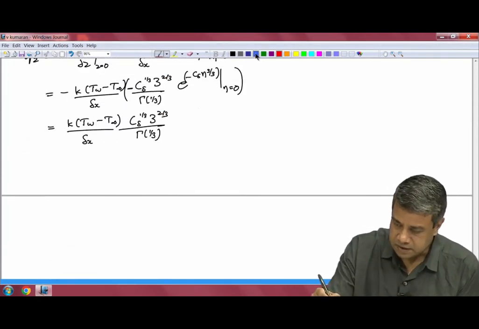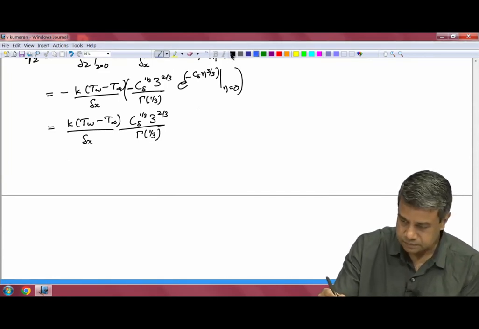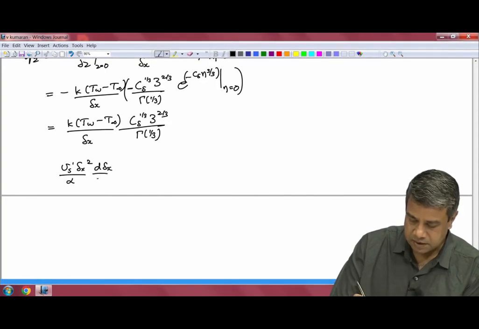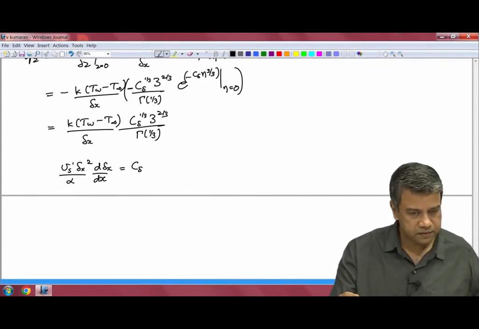Recall that the differential equation for delta was Vs prime delta x square by alpha d delta x by dx is equal to C delta. So that was the differential equation for delta, the boundary layer thickness.